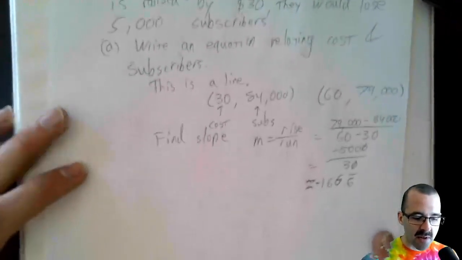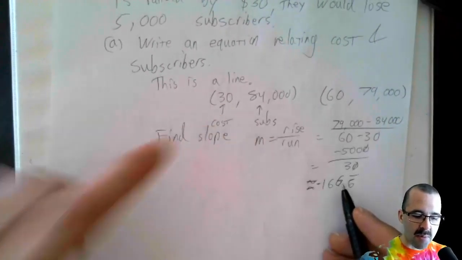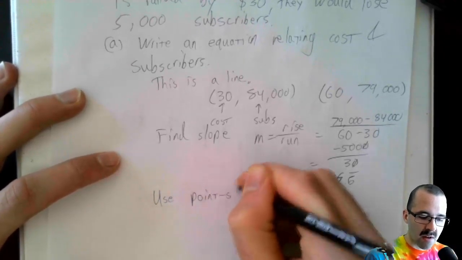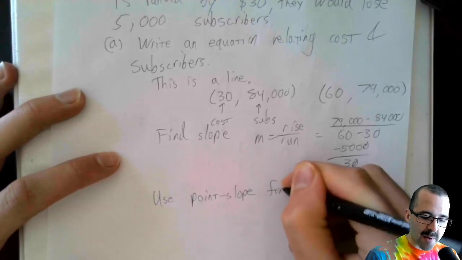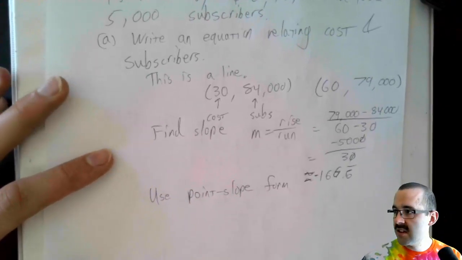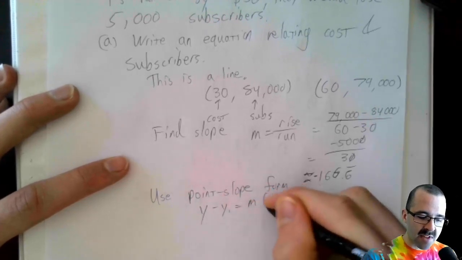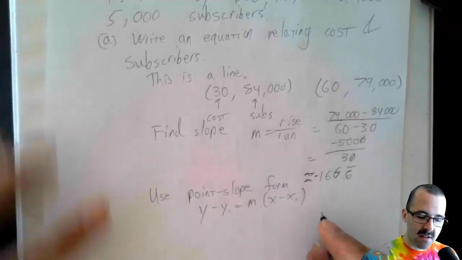So once we found the slope, we have a slope, we have a point, we can use point-slope form or any other formula you want. Hopefully you remember these things, and if not, this is a good refresher. Point-slope says y minus y1 equals m times x minus x1.